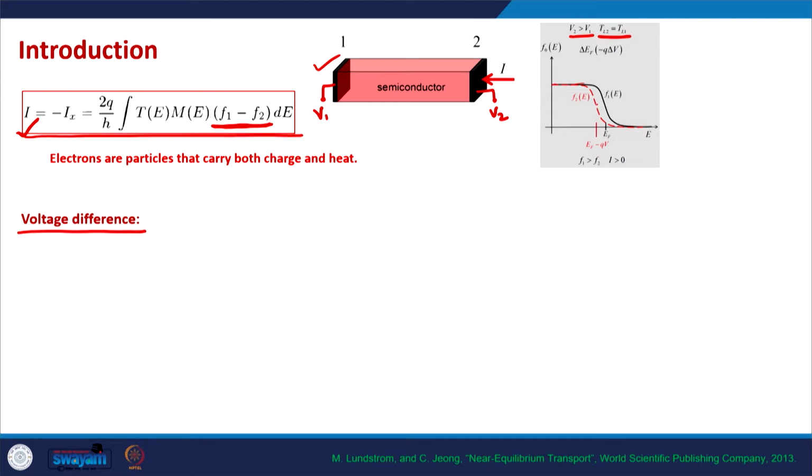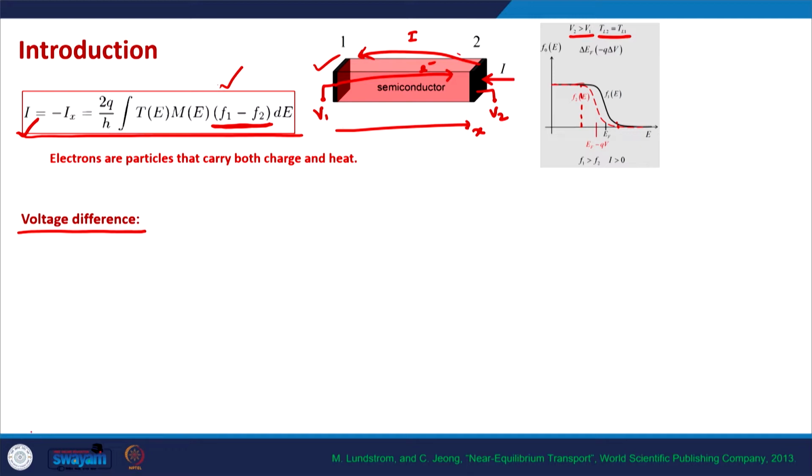As you can see, in a small energy range around the Fermi levels, F1 minus F2 is non-zero, in fact positive, and that way the current is positive, which means electrons are flowing from contact 1 to contact 2 and the current is flowing from contact 2 to contact 1. The positive current in this discussion was assumed to be in the minus x direction, because we are assuming positive current from contact 2 to contact 1. So this we have discussed in great detail.